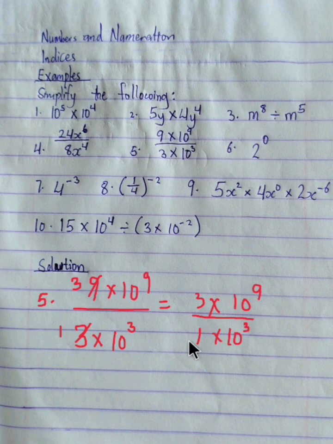We have two indices here, one in the numerator and the other in the denominator. The bases are the same. We have 10 as the base of the two indices. As you can see, over means we are going to divide. So we can write this as 3 times 10 raised to power 9 divided by 1 times 10 raised to power 3, which is the same thing as 10 raised to power 3.